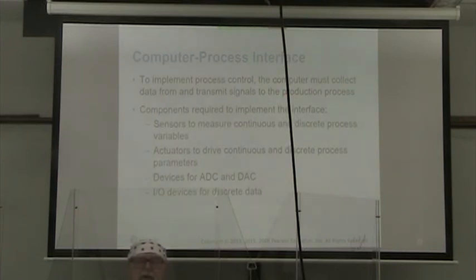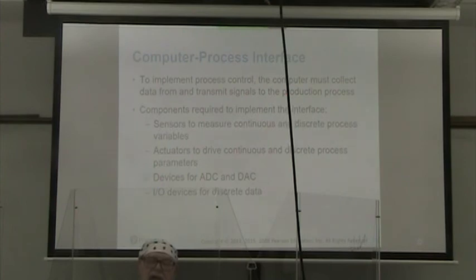So the components we require for that are sensors. They might measure continuous or discrete process variables. We have to have actuators that are able to raise or lower the continuous and discrete process parameters.